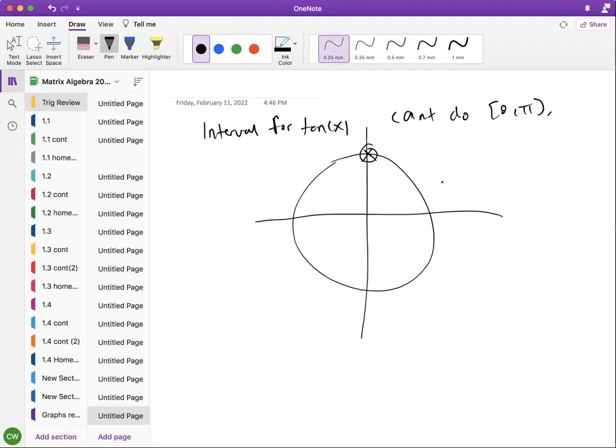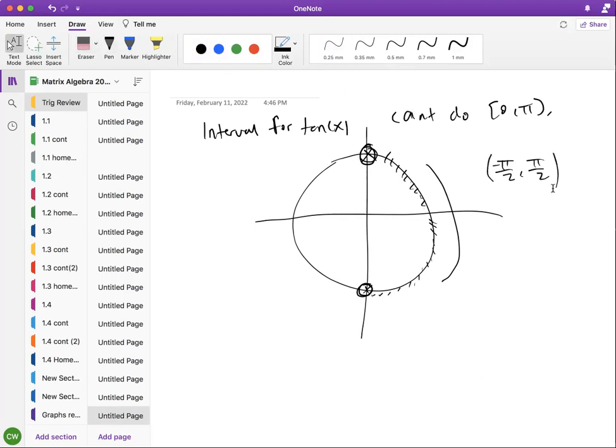But the one we did for sine works. If I do negative pi over 2 to pi over 2, I have all these values of tangent that get hit.